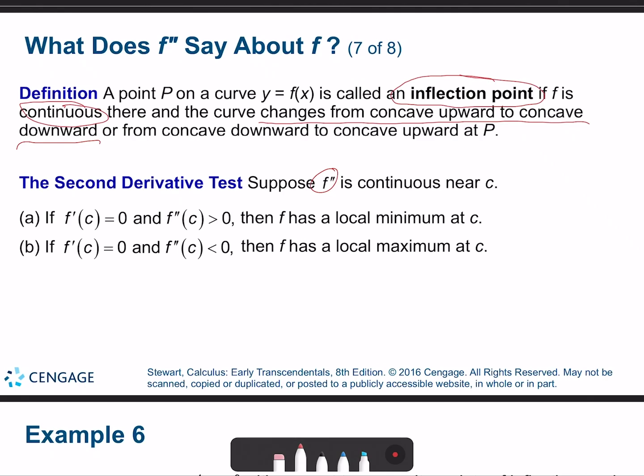So suppose our second derivative is continuous near some particular point, and the first derivative is equal to 0 at that point, which, remember, means we have a horizontal tangent line, and the second derivative is greater than 0. Then we're looking at a point that has a local minimum.